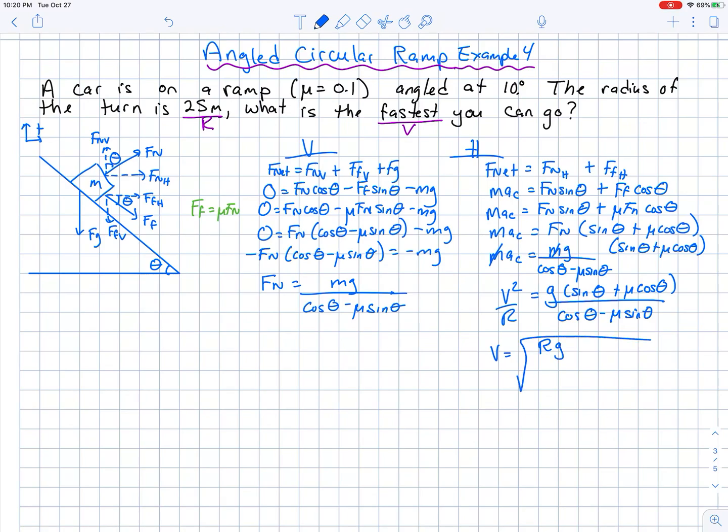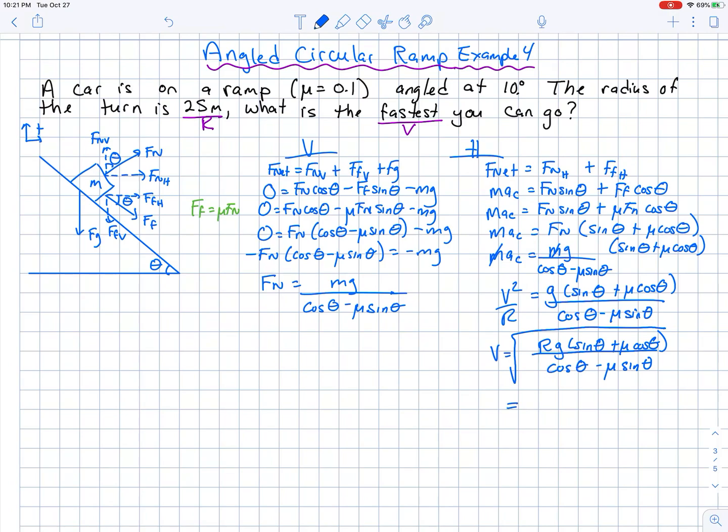So if I rearrange for velocity, I get velocity is equal to the square root of radius times gravitational acceleration times sine theta plus mu cosine of theta, and that's all going to be divided by the cosine of theta minus mu sine theta.